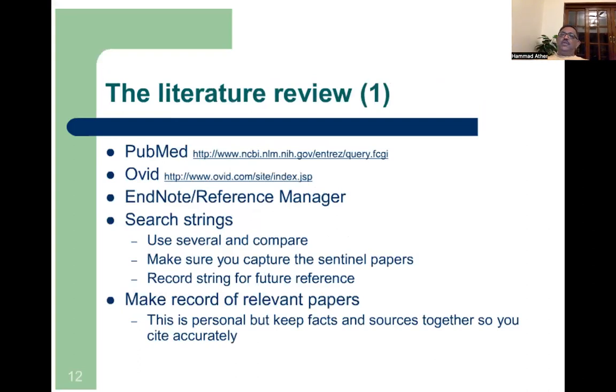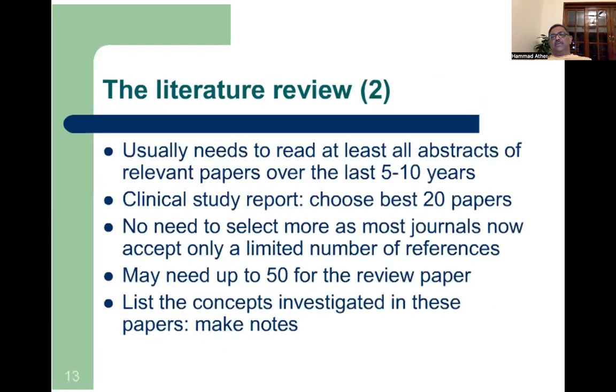Literature review, which is an essential part of writing a manuscript, and various resources which are available. I don't think I need to go into that because these have been covered. While you're doing literature review, you need to look at 5 or 10 years, depending upon the kind of work that you're doing.